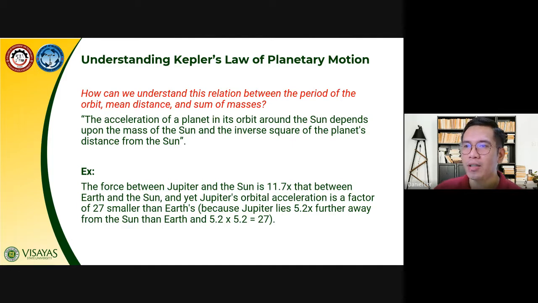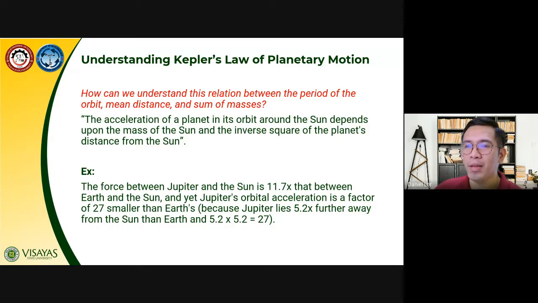This is because the force depends upon the product of both masses and the square of the distance between them, whereas the planet's acceleration depends on just the mass of the sun and the square of the distance between the sun and planet.